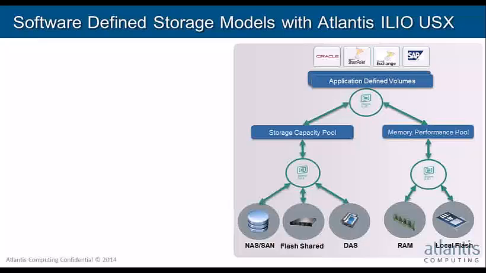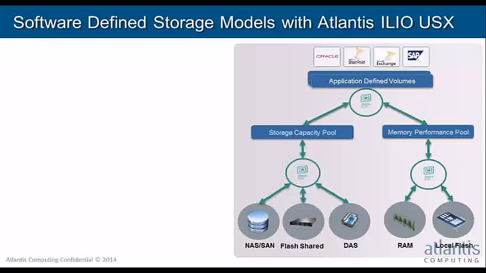Quickly jumping into the product use cases, there are different software-defined storage models that are available with Atlantis ILIO USX. So if you look at this diagram that is displayed, there are two types of pools that we create from the underlying storage resource. One is a memory performance pool, which is created from discrete resources like RAM and local flash.